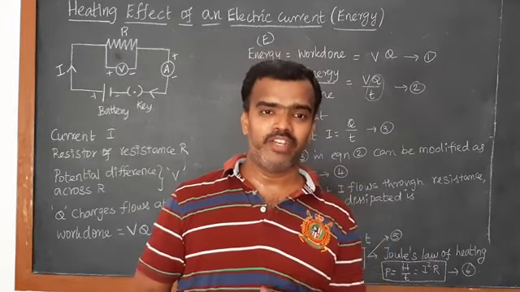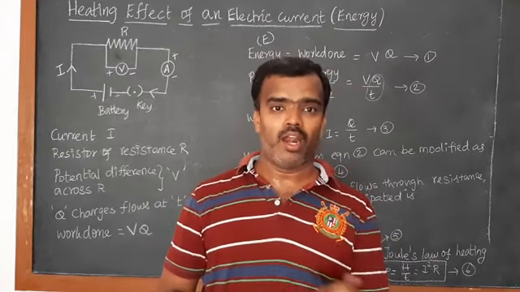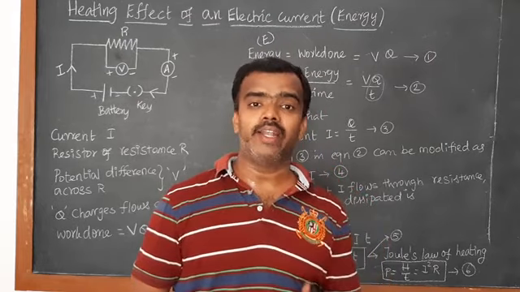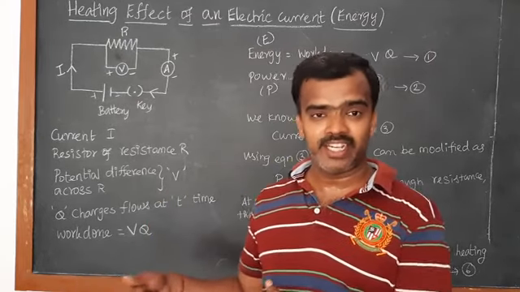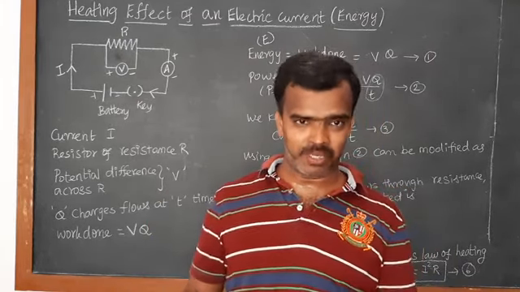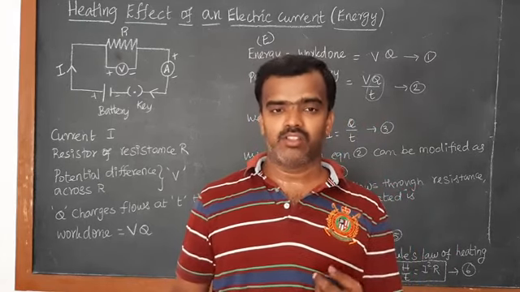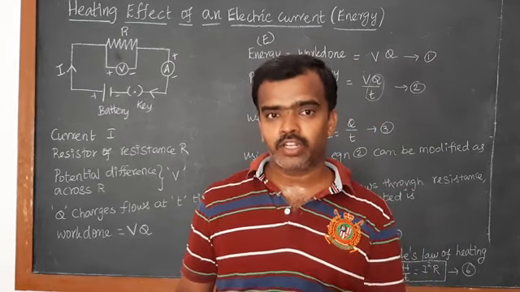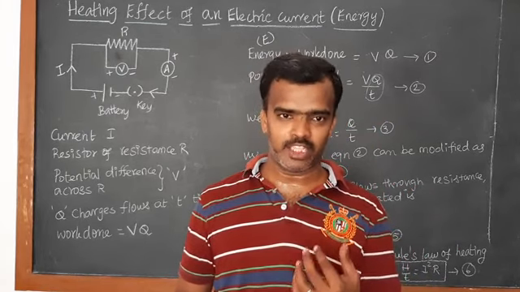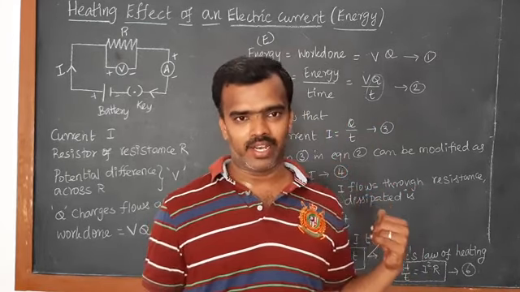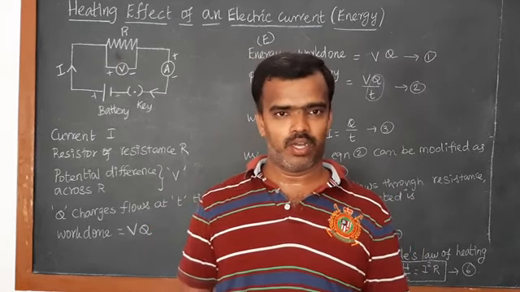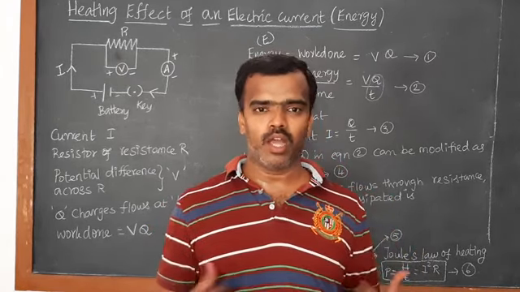Alloys. Why do we go for alloys? Because alloys do not oxidize at high temperature. Heat is produced here, so the temperature rises. So we go for alloys, not metals. That's why in electrical devices like toasters and ovens we use alloys.